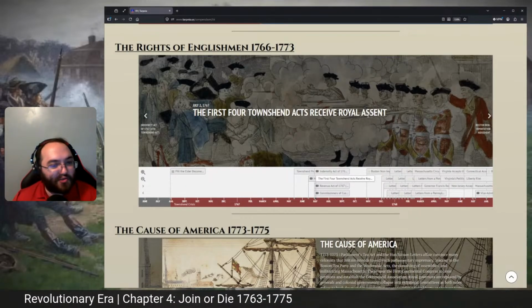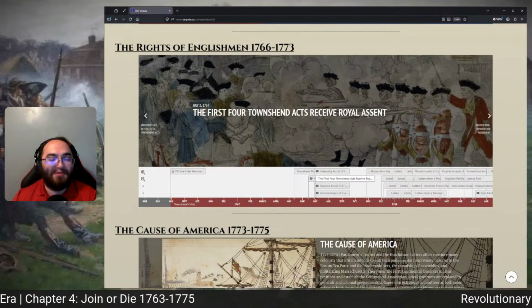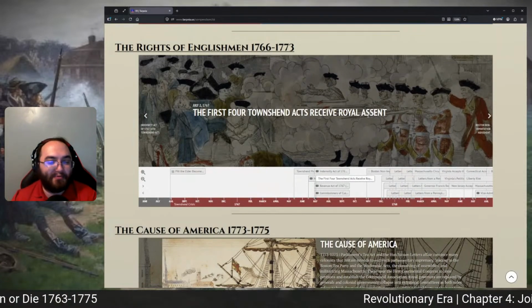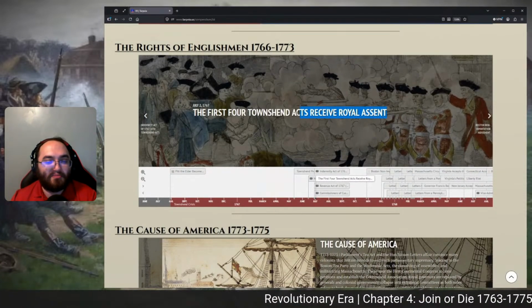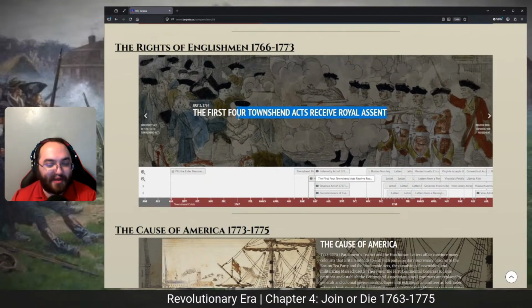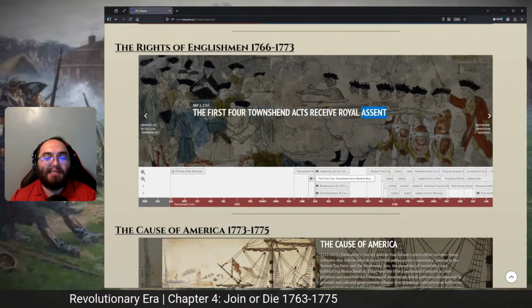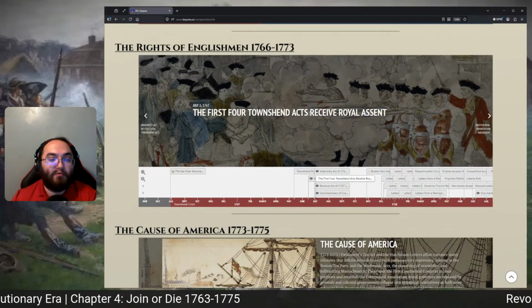I kind of disagree with this. I think that Congress should be able to pass acts, not just bills, but acts, without needing the approval of the president.